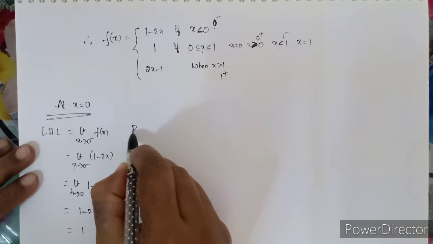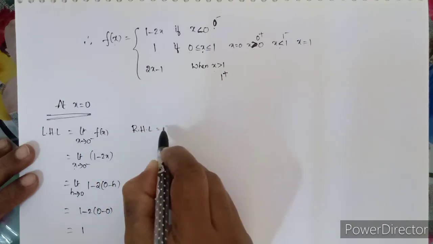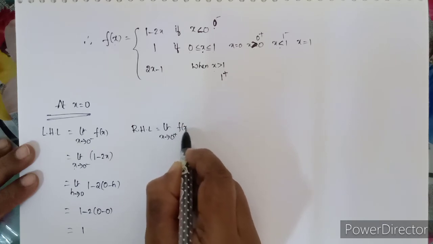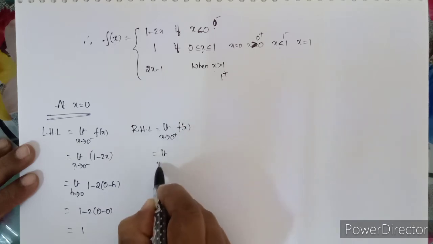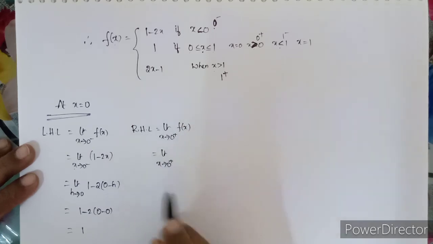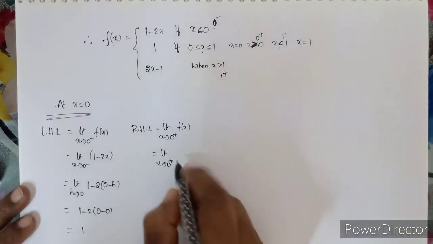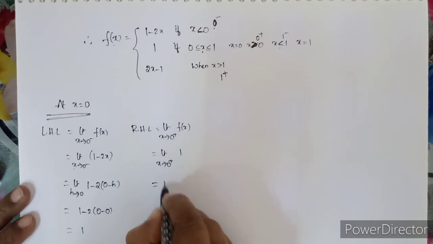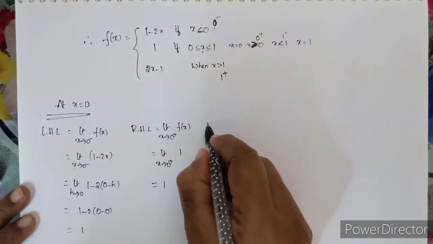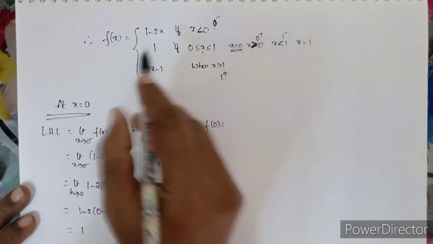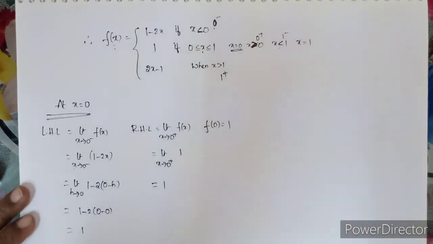Now we see the right-handed limit. Limit x tends to 0 plus f of x. When x is in 0 plus, f of x is equal to 1. Limit of constant is constant. Now we'll see the third one, f of 0. When x equal to 0, also f of x is equal to 1.